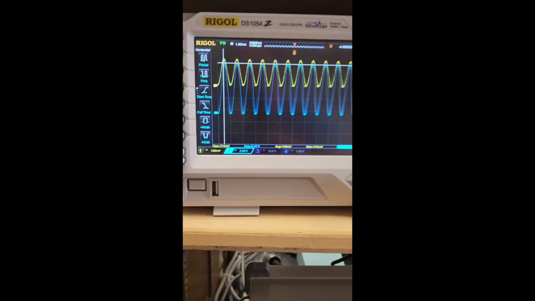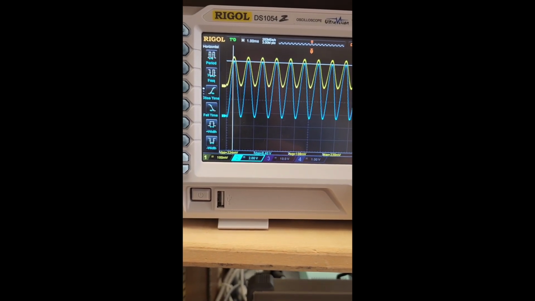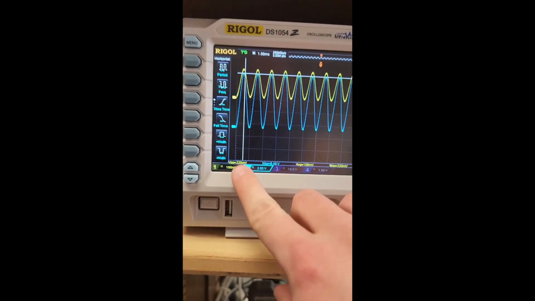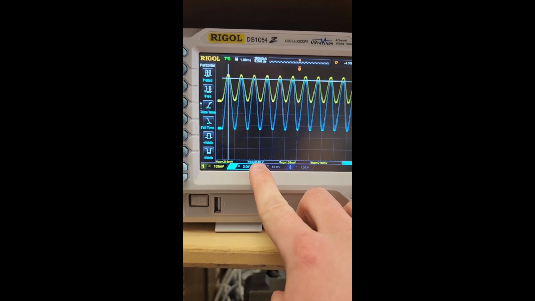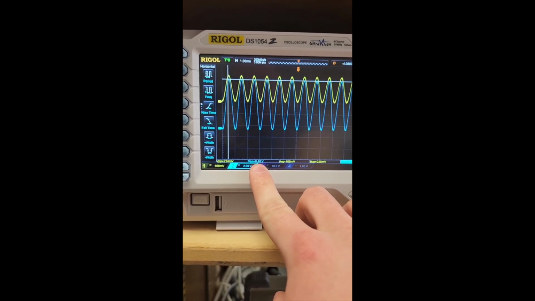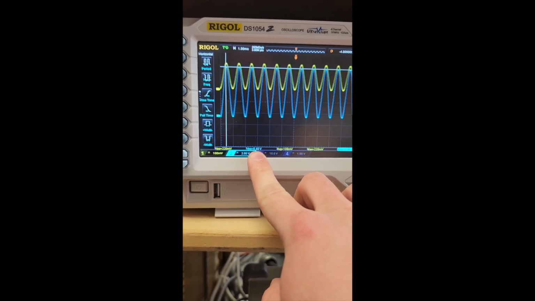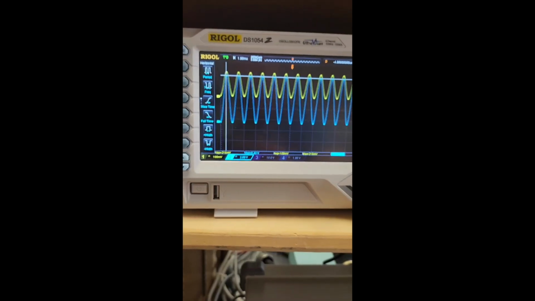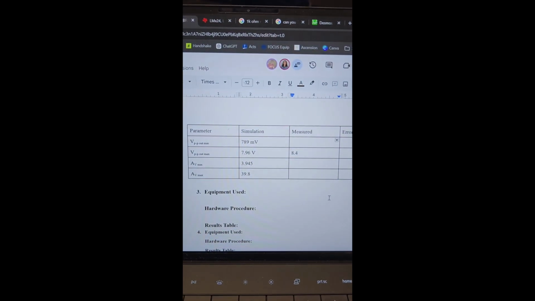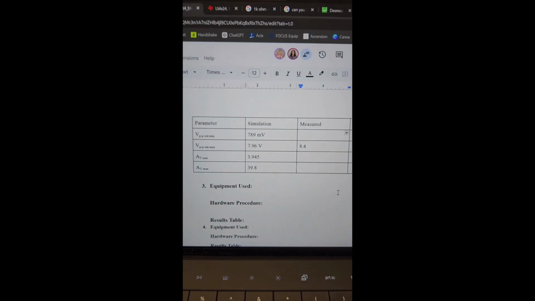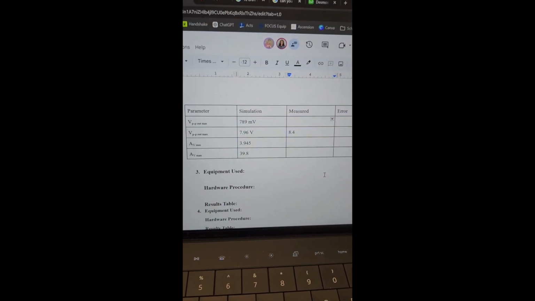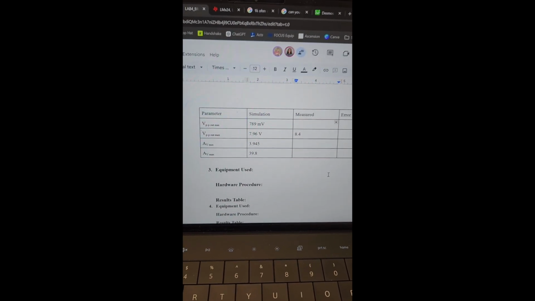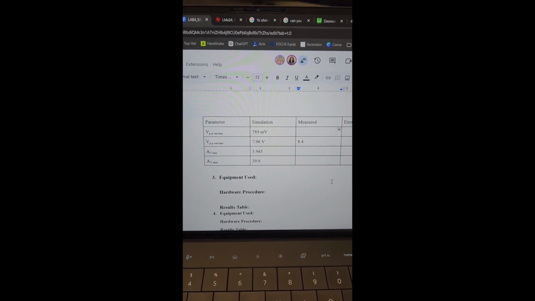The voltage peak to peak of the yellow input is around 200 millivolts, while we get a voltage peak to peak of 8.4 volts for our output. And this matches our simulation results decently well.